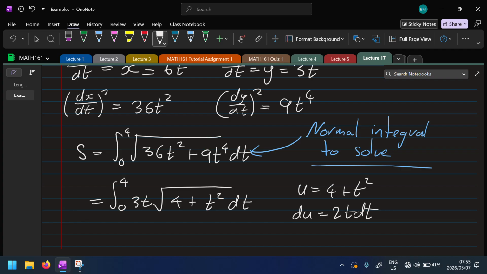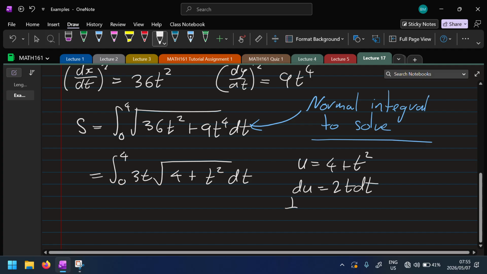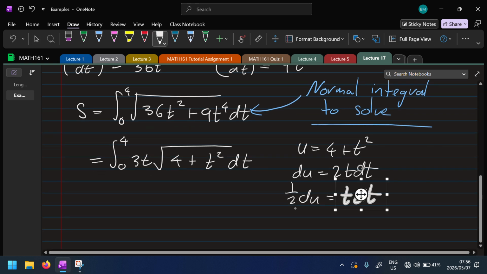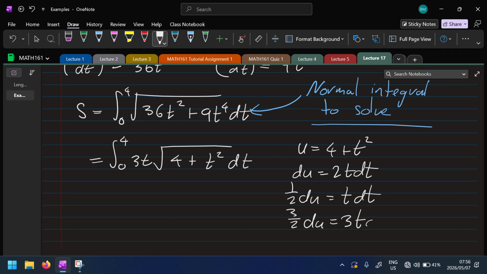That doesn't help us. So let's take the 2 over. And then we can times both sides by 3, and they'll take care of the 3 dt there. Okay. So that takes care of the u substitution part.